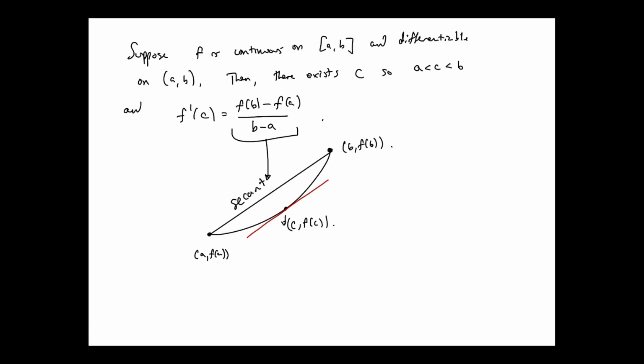Does that remind you guys of another theorem? Yeah, it's like the intermediate value theorem, right? The intermediate value theorem gave you the existence of a point. It said it's somewhere in here, but it didn't tell you any more detail about that. So if you wanted to find such a point with the intermediate value theorem, we had to do things like the bisection method or just look at graphs and things like that.